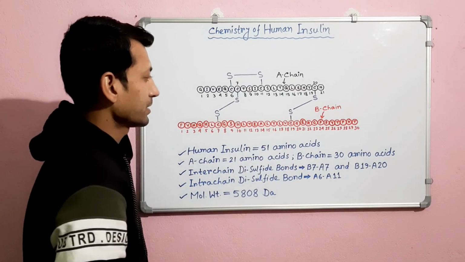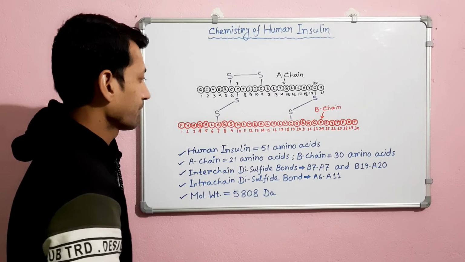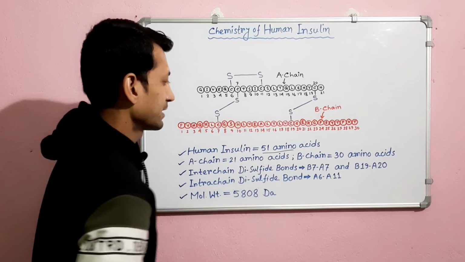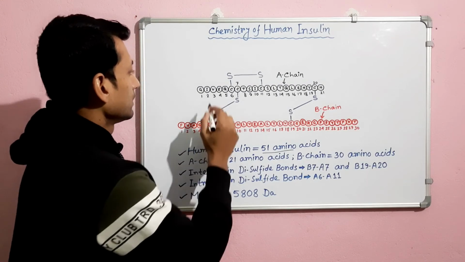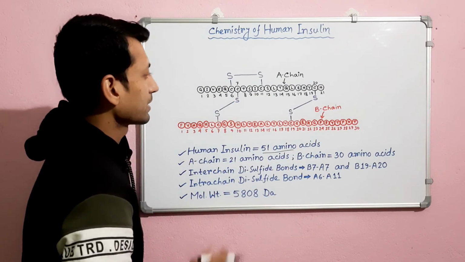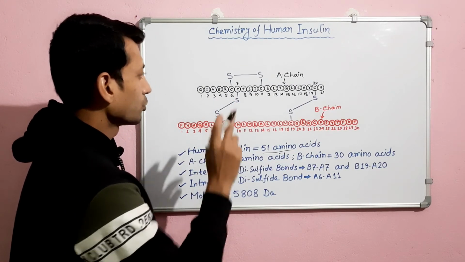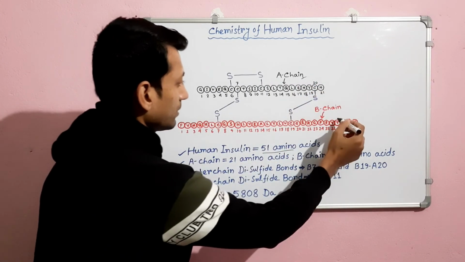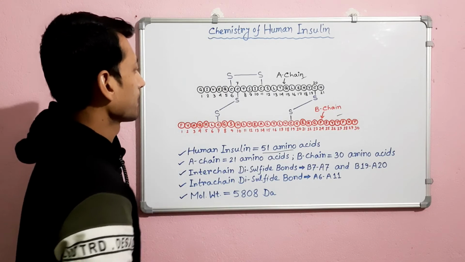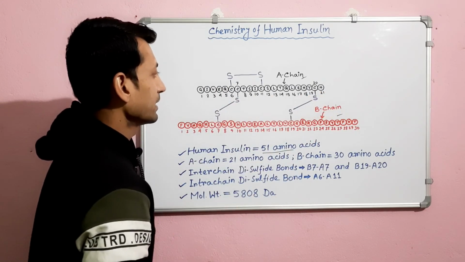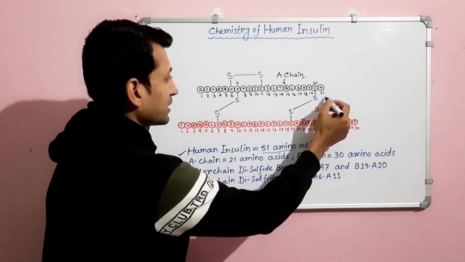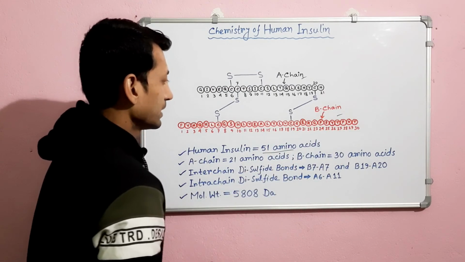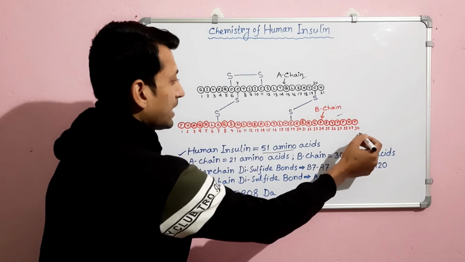Insulin hormone is protein in nature and it is composed of 51 amino acids. The human insulin consists of two chains, A chain and B chain. This A chain is 21 amino acids long and the B chain is 30 amino acids long.